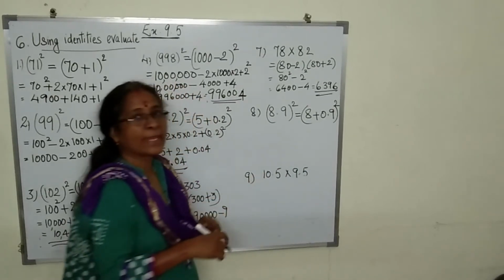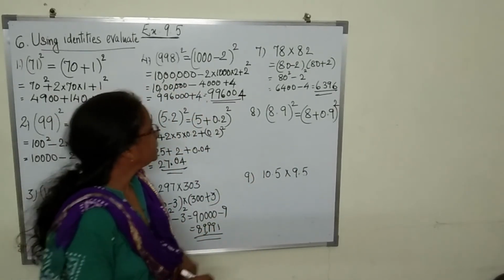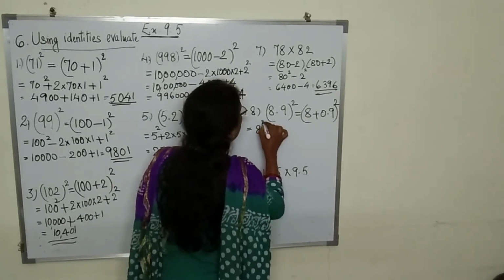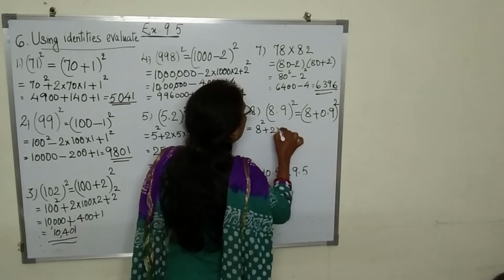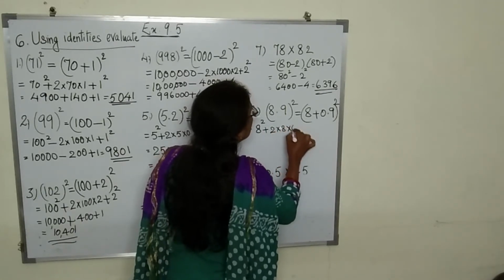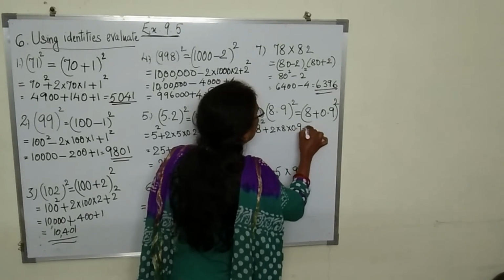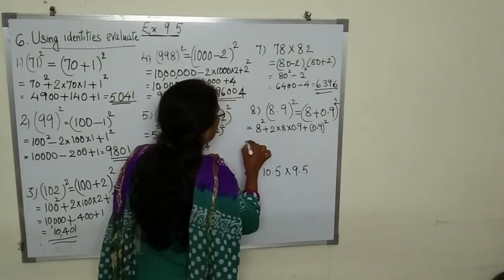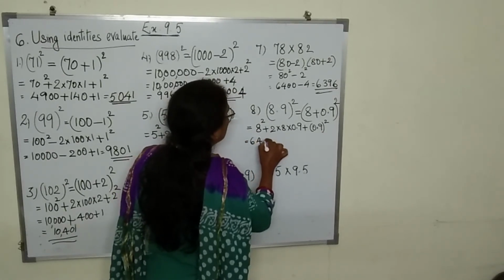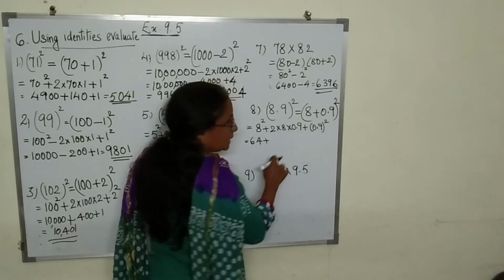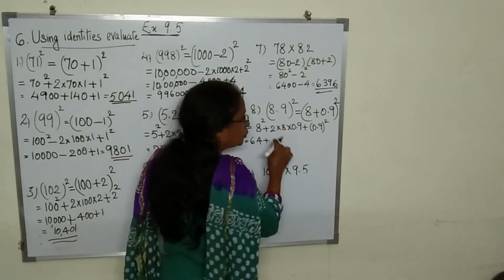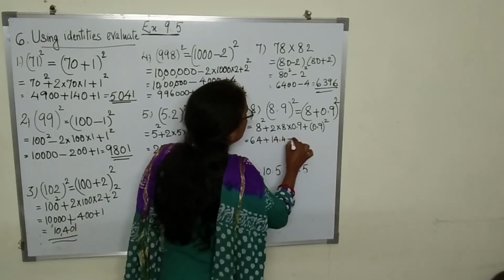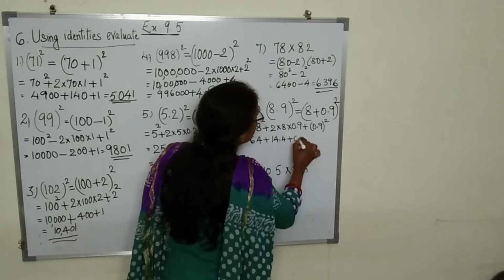This is in the form (a plus b) whole square, which is equal to a square, that is 8 square, plus 2 into 8 into 0.9 plus 0.9 whole square, that is equal to 64 plus 9 8s are 72, 72 2s are 144, that is 14.4, plus 0.81.